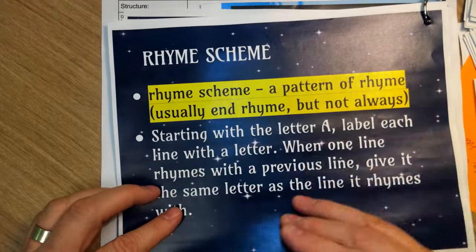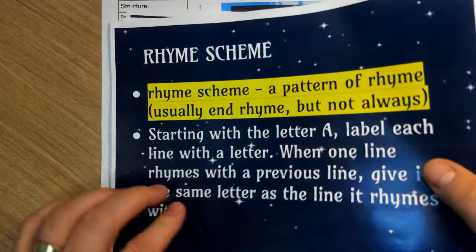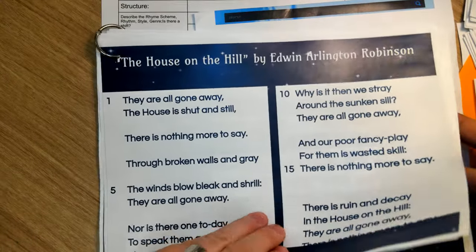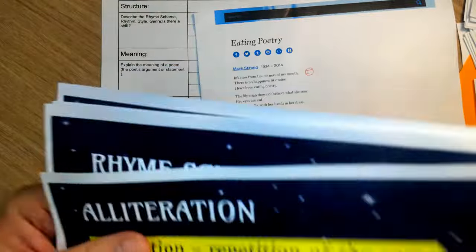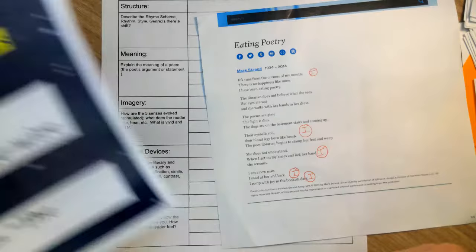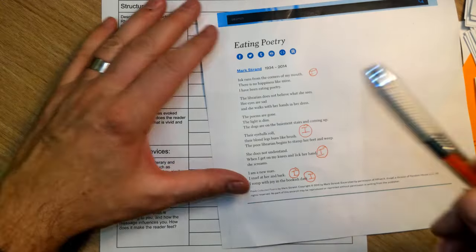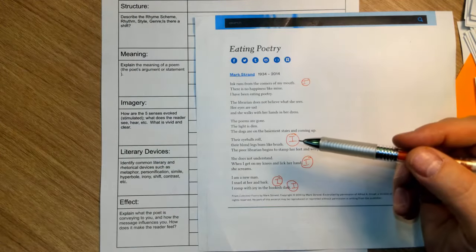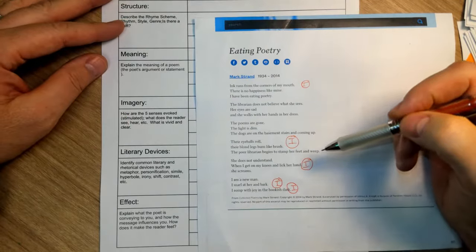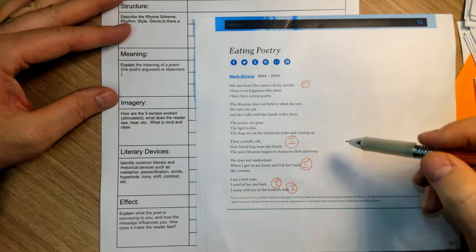So rhyme scheme, pattern of rhyme, usually in rhyme, but not always. There's some examples. I want you to read through all the examples, but you don't have to write anything that's not in yellow highlight. Alliteration. So it's going to start giving you these techniques. So I wanted you to take your notes from that presentation and see which techniques you could identify from the ones that we covered in that presentation.